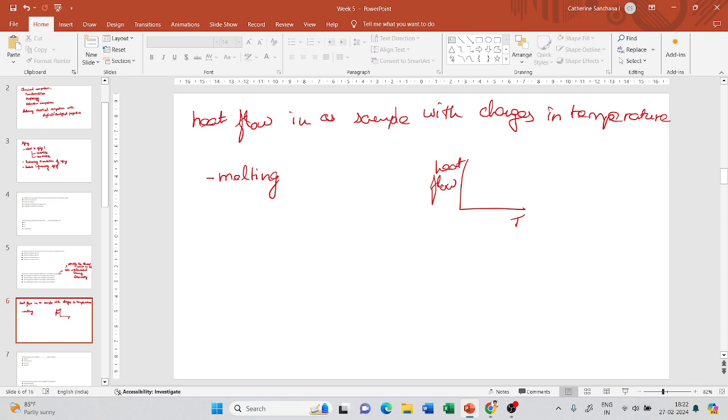By identifying certain changes in this graph, you will be able to say if your sample is melting, undergoing crystallization, or having a glass transition. So for that we use differential scanning calorimetry. So what are the few thermal events? It could be melting, crystallization, glass transition.